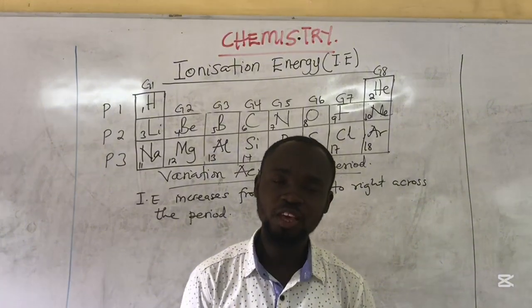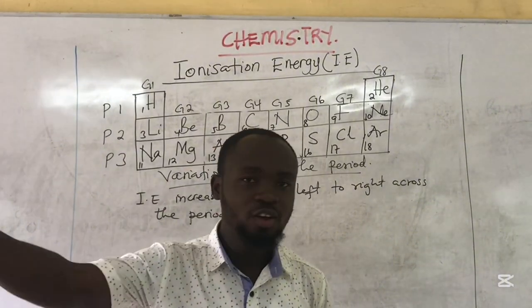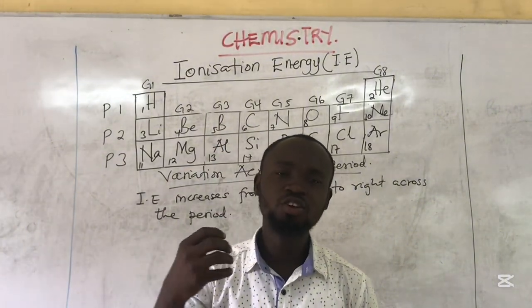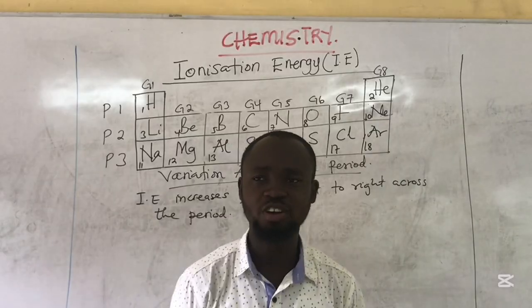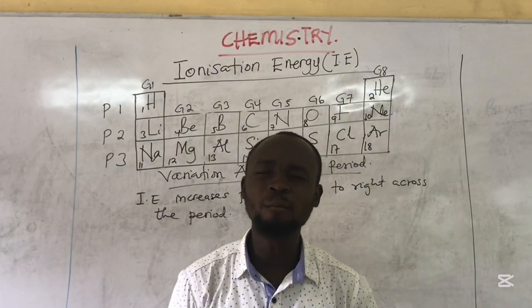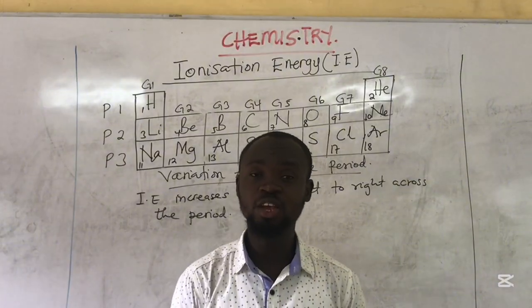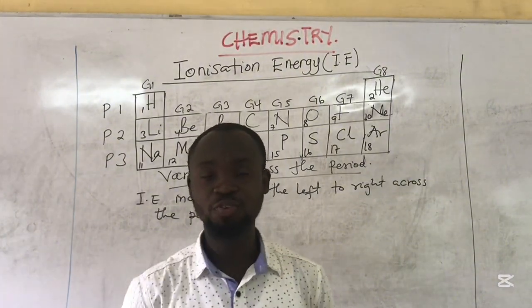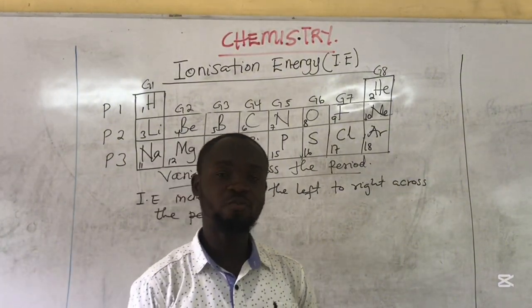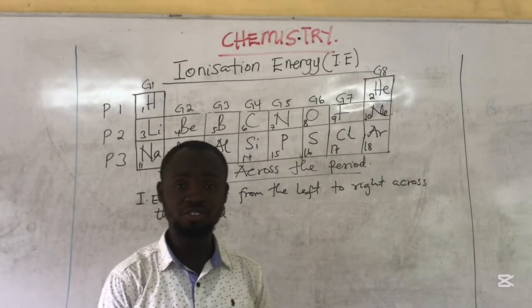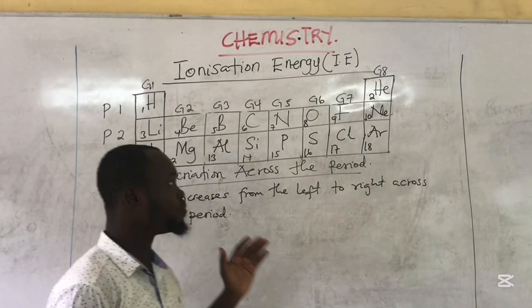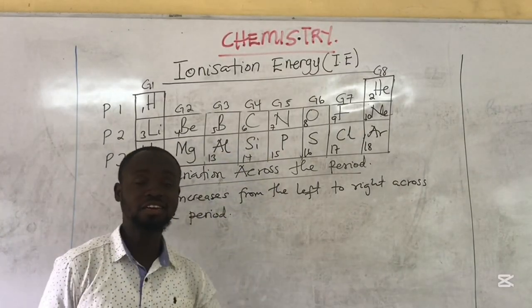So if you want to remove an electron from the valence shell, you need to overcome that proton attraction, and you will require more energy. More energy will be needed to remove an electron from the outermost shell of an isolated gaseous species when you're moving from the left-hand side to the right-hand side.